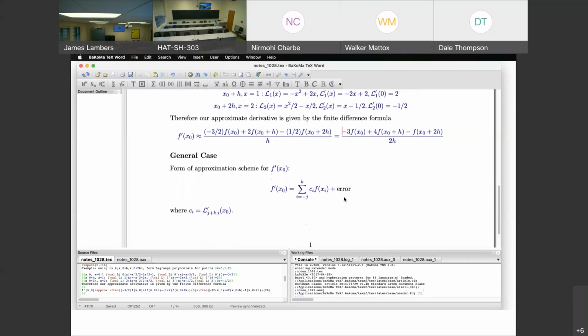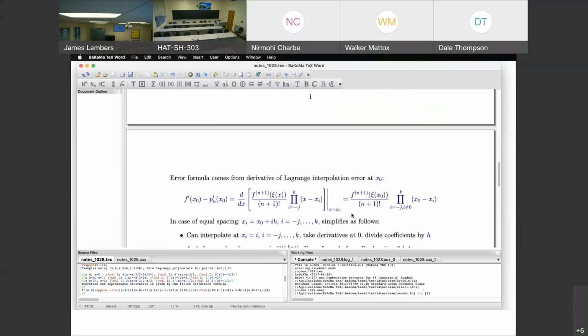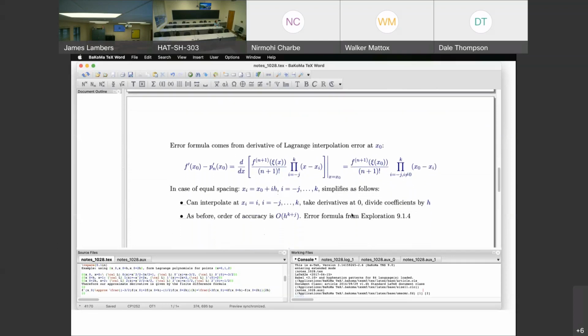Now it turns out that Lagrange interpolation can also be helpful for getting an error formula. Because what are we doing here? This right here is a derivative at x naught of the interpolation error, because the interpolation error is f of x minus Pn of x, where Pn is the Lagrange interpolating polynomial of degree n.